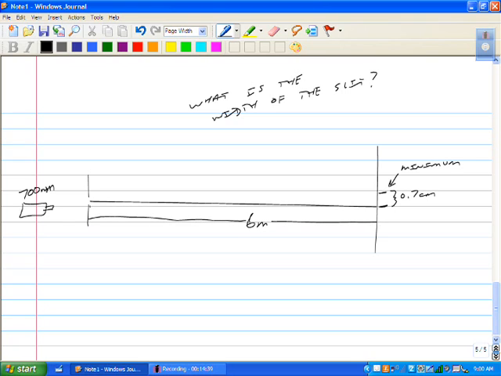Honestly, the only way you're going to miss these problems is, number one, forget the difference between single and double, which we're going to get to in just a second. Or number two, forget what letter corresponds to what reality.